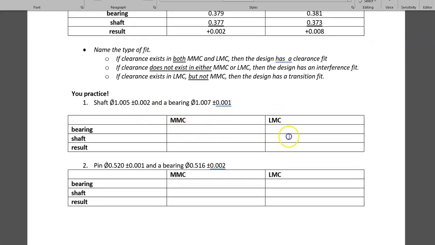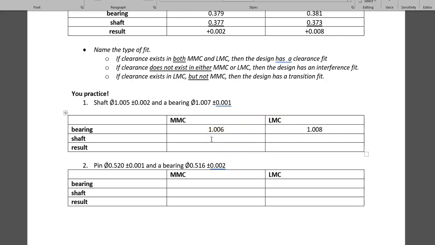I'm going to center all of these here just to make it a little bit easier to read, and put my underline here so we're all set. Now my MMC for the bearing in this case is 1.006. My LMC for the bearing is 1.008.